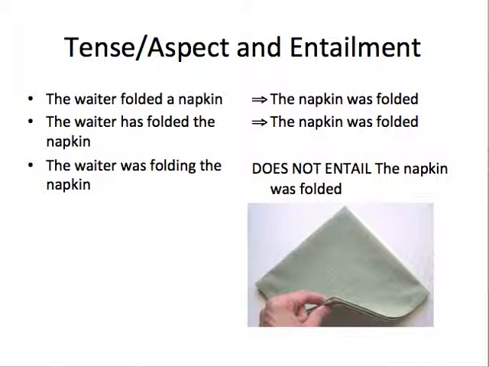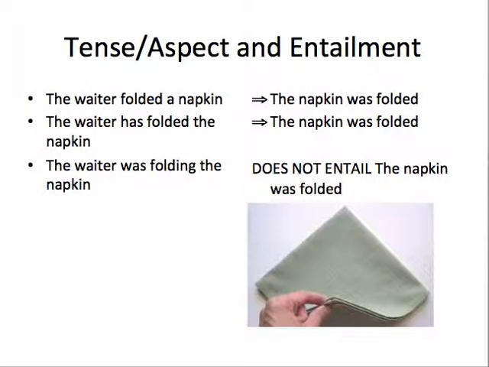We could also look at tense and aspect in terms of entailment. So if you take a sentence like the waiter folded a napkin, what it entails is the napkin was folded. And the waiter has folded the napkin also entails the napkin was folded. Okay.